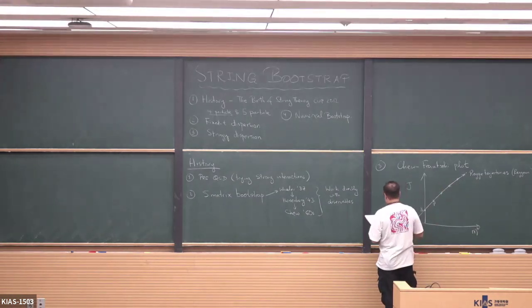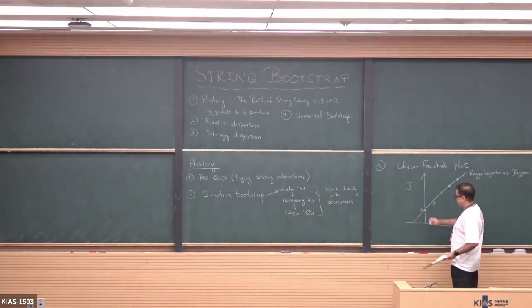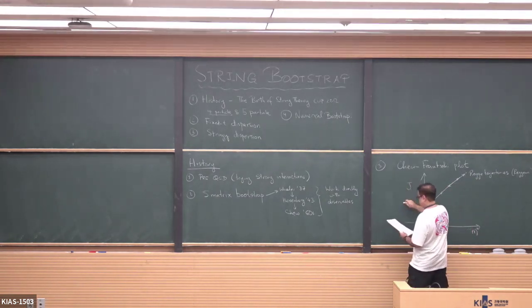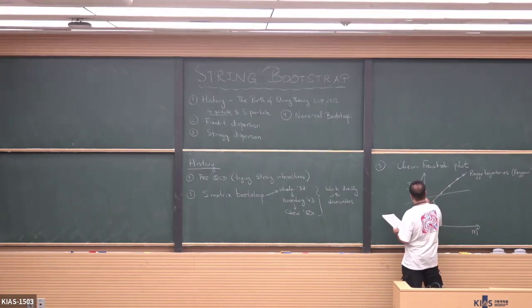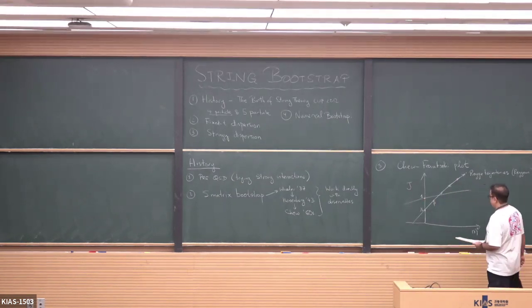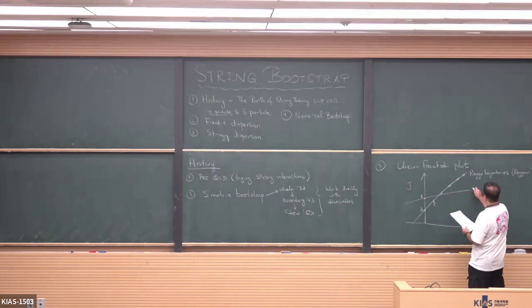Now, on top of these reggeons, which had intercept half, so this half is a useful quantity to remember, there was also another trajectory which had intercept 1, which was called the Pomeron.